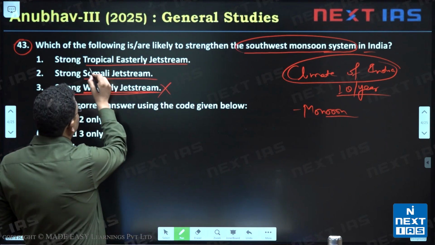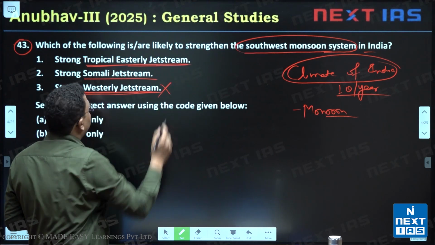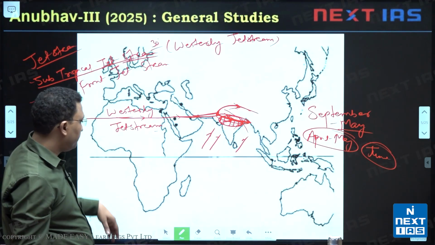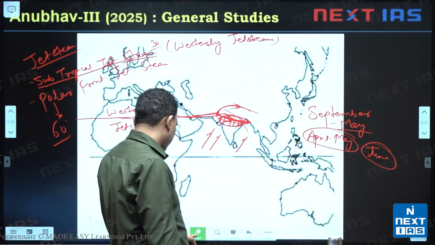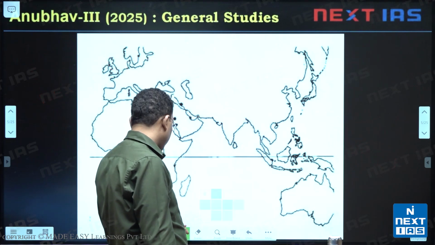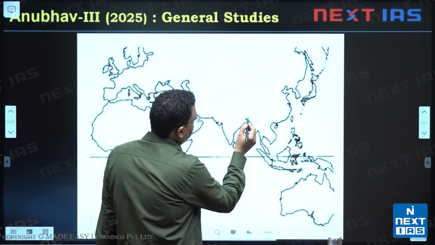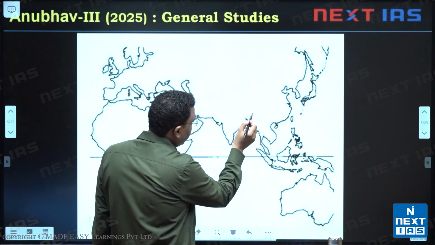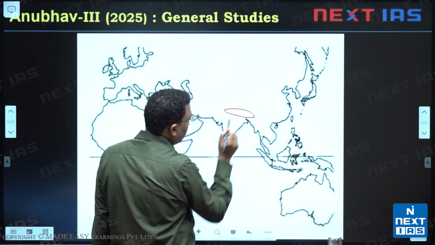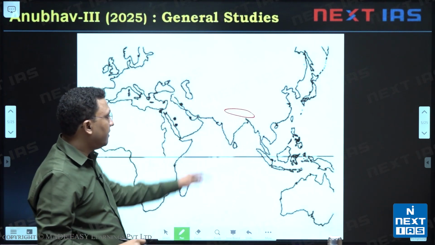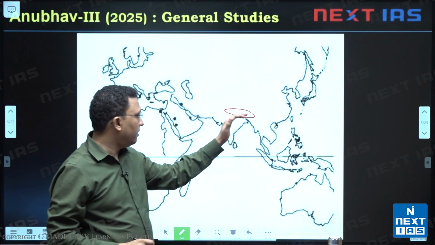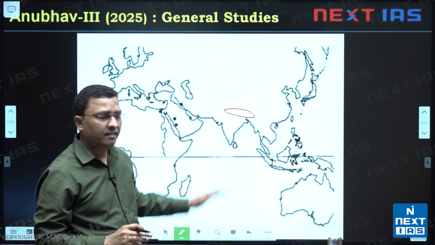Now let's see what this tropical easterly jet stream is. So this is the Tibetan Plateau region. It is located something like this. This is completely a rocky region.